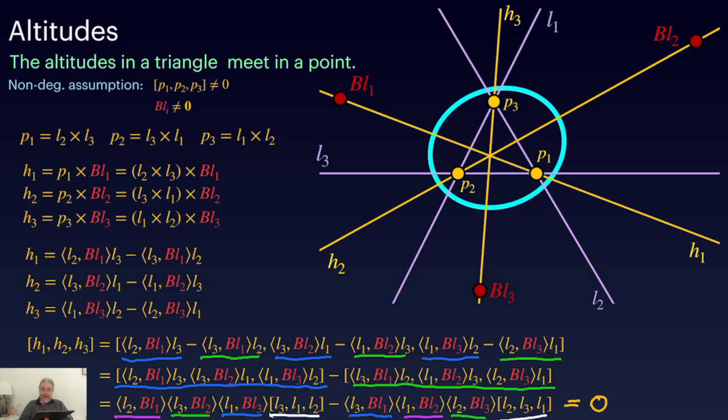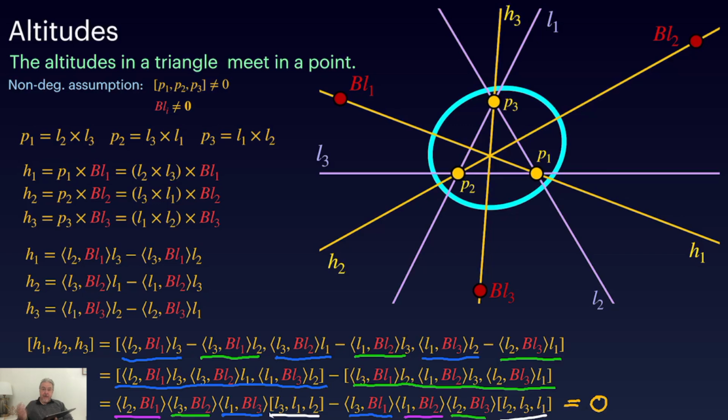Okay, I assume if you proved the altitude theorem in school, it looked way simpler than what we did here. But what we did here is way more general. It proves the altitudes meet in a point theorem in any Cayley Klein geometry under these non-degeneracy assumptions, and you will find many interesting special cases of the theorem in different Cayley Klein geometries.